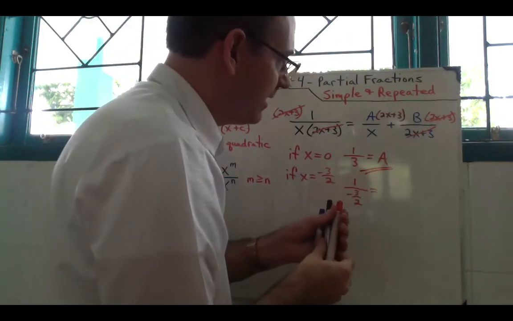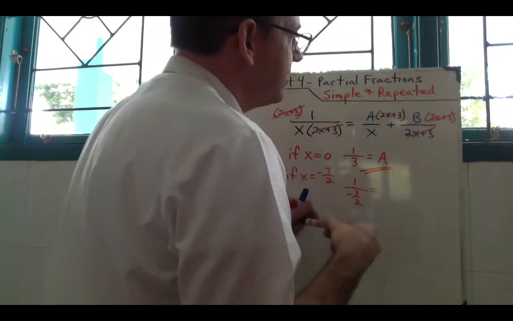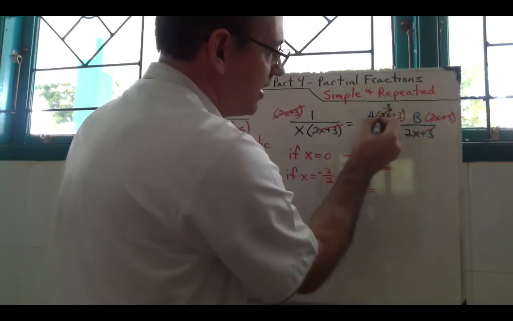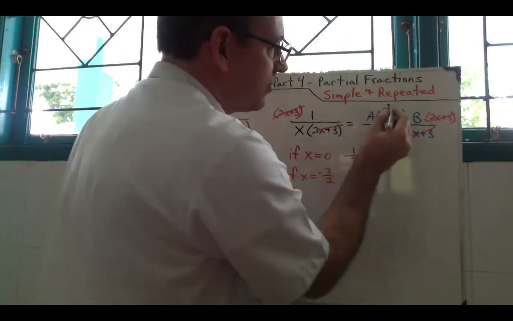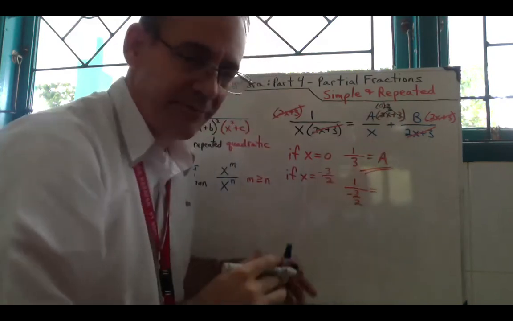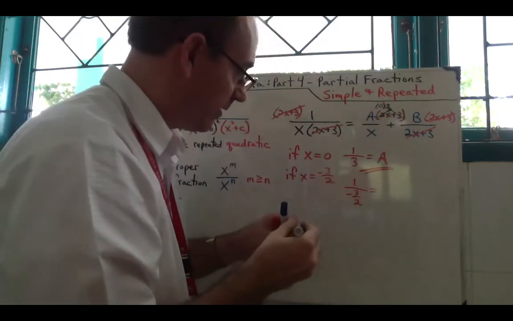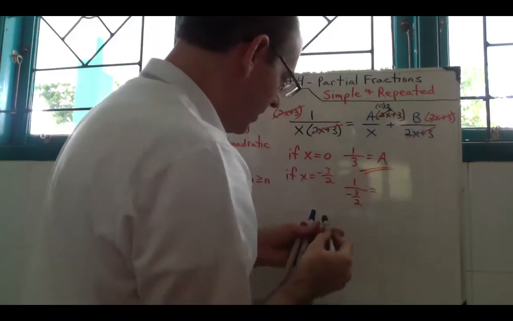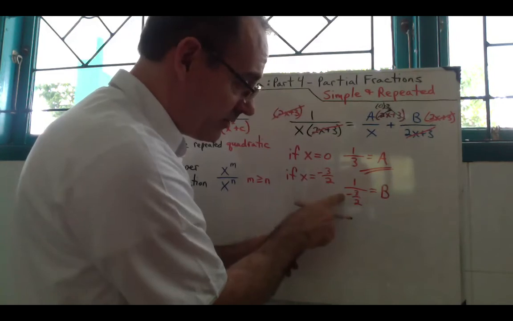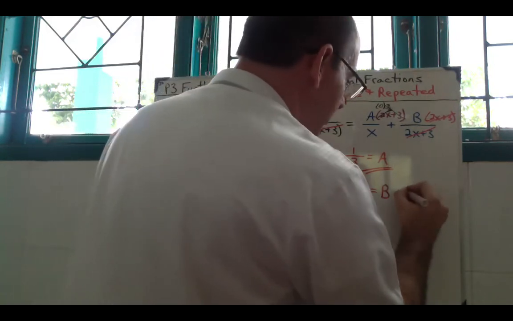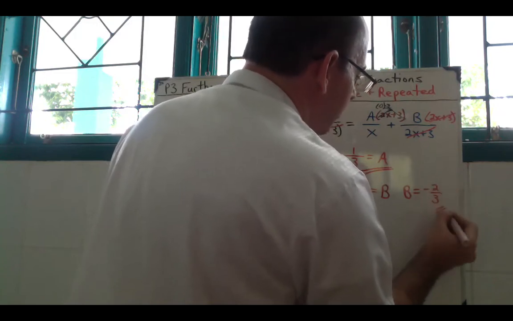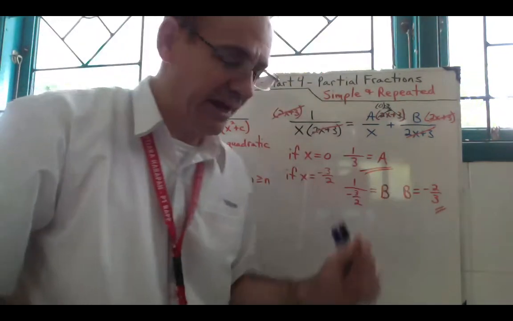And when you plug in a negative 3/2, notice the 2's cancel, and negative 3 plus 3 gives you 0. And so all of that disappears, right? So all we're left with is the b. And when you divide by a fraction, you invert and multiply. So b is equal to a negative 2/3.